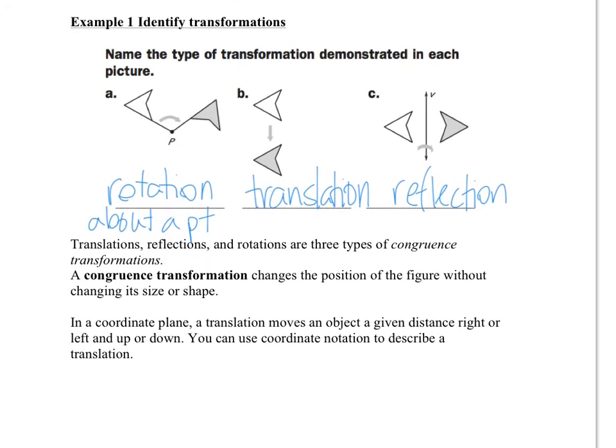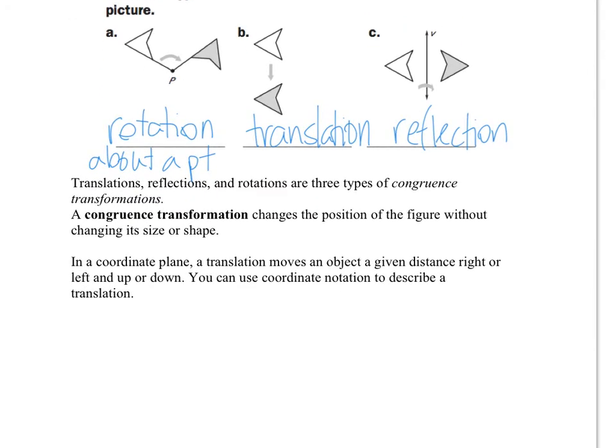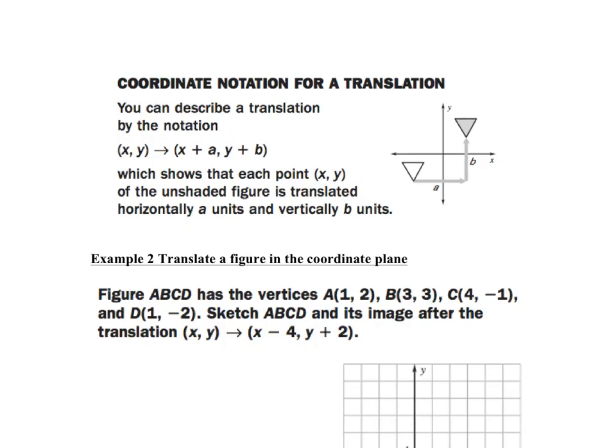These are all types of congruence transformations. That means it doesn't change its size or its shape. A translation is going to move an object a given distance right or left and/or up or down. And we can use coordinate notation to describe a translation.